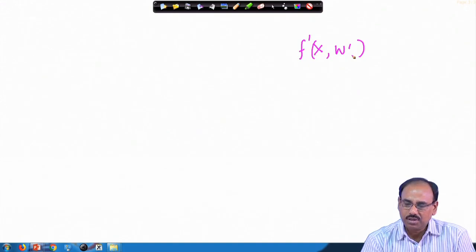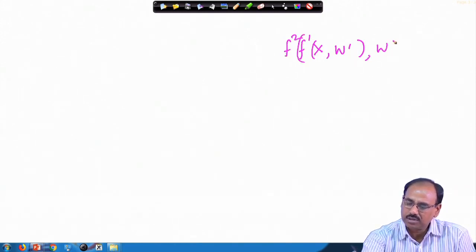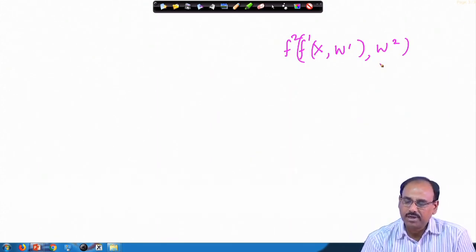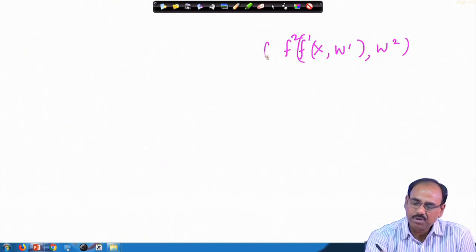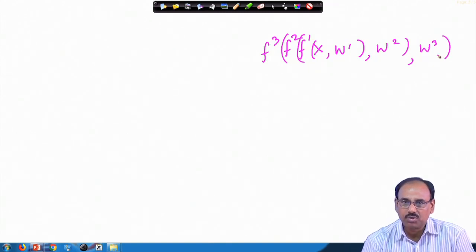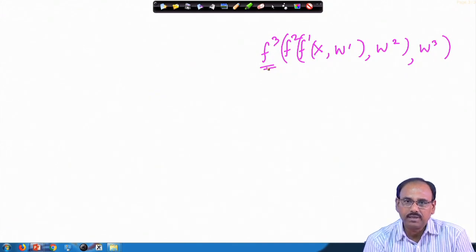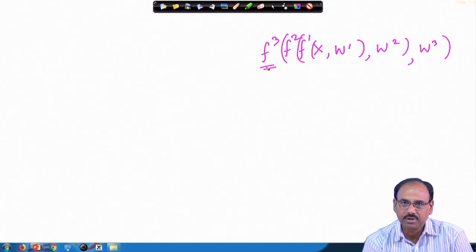This output is inputted to the next layer, which computes, say, f2 along with the corresponding weights w2. This in turn is inputted to the next layer, which computes, say, f3 along with the corresponding weights w3, and this goes on. And this is the final output that we get, assuming it is a 3-layer network. So the output comes from the third layer, which is f3.